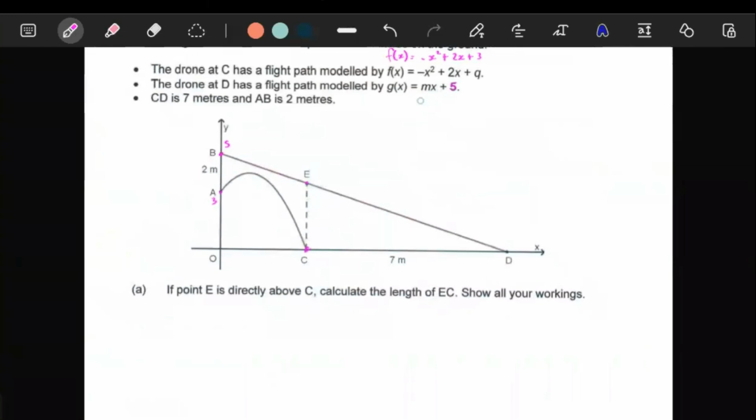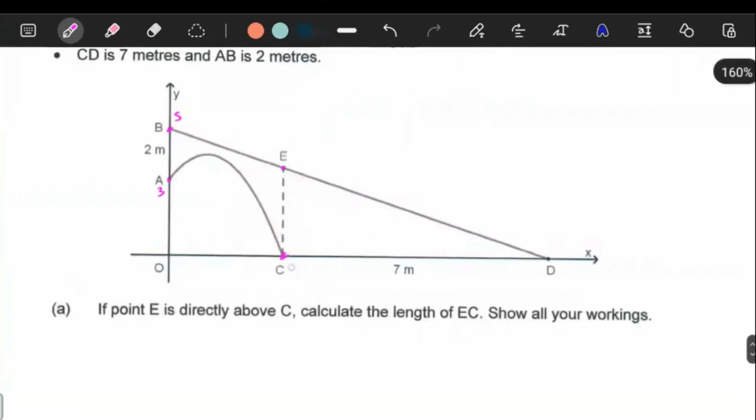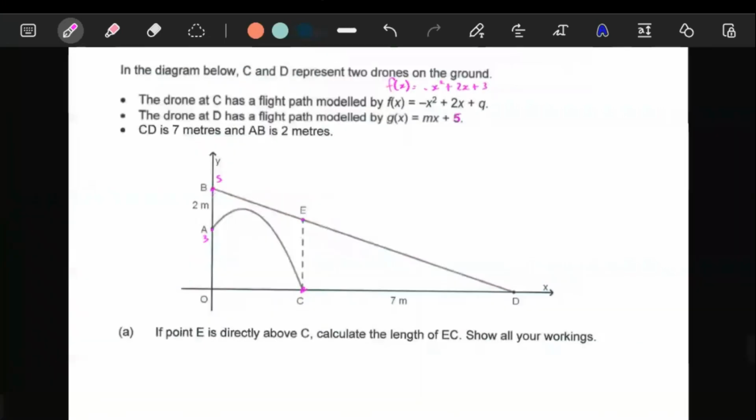That will give you the distance of EC. But the thing is, for the equation of G, you don't have the full equation. So you obviously need the full equation of G. But for you to get that, remember, if you get this x value here, and you add 7, you automatically get the x value of D. The moment you have the x value of D, you can just use D and B to get the gradient of BD.